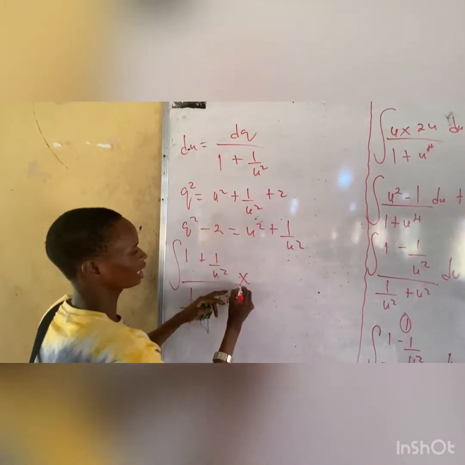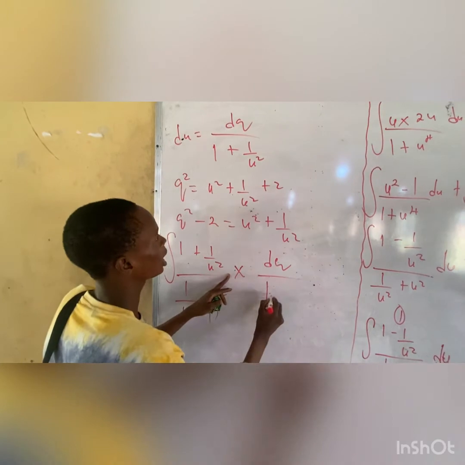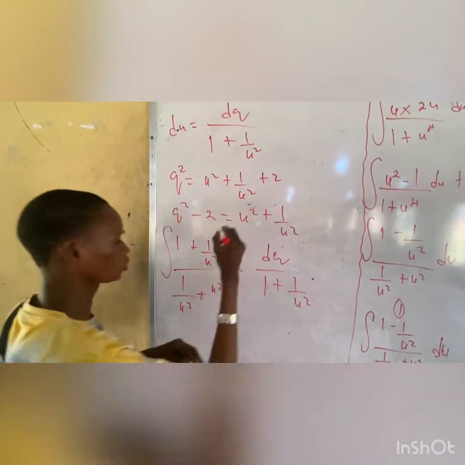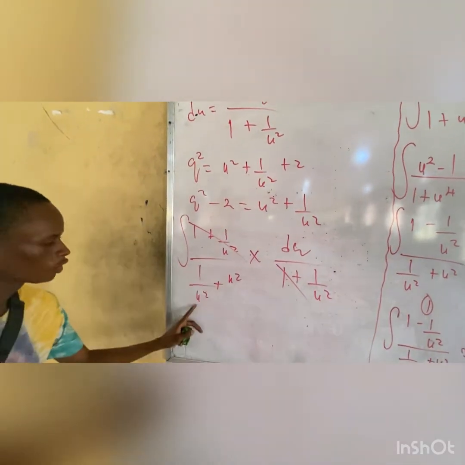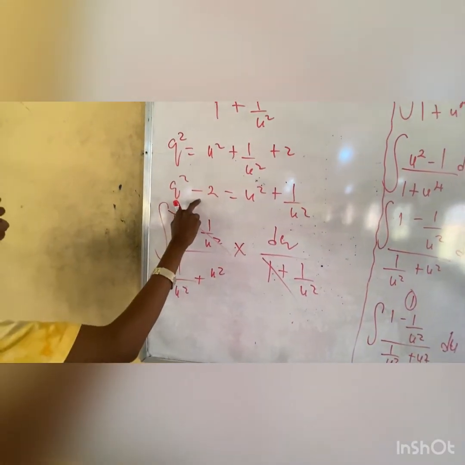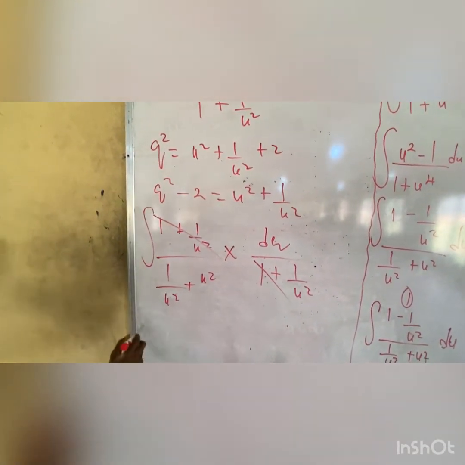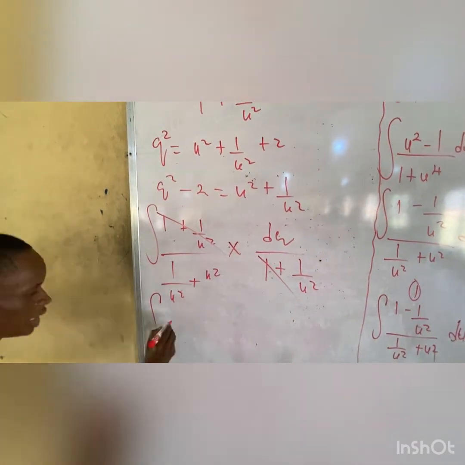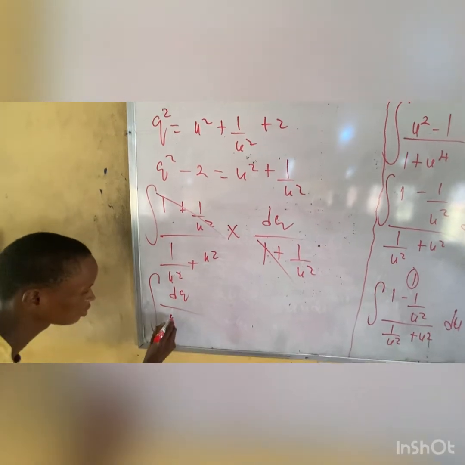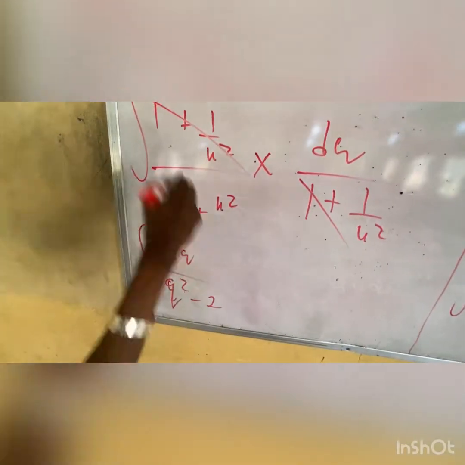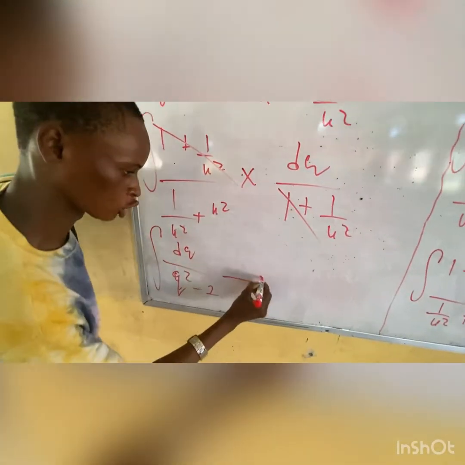The dq over 1 plus 1 over u squared. So you can see this cancels out as well. So this cancels out. 1 over u squared plus u squared, that is what? This q squared minus 2. So we have our integral as what? The dq all over q squared minus 2.